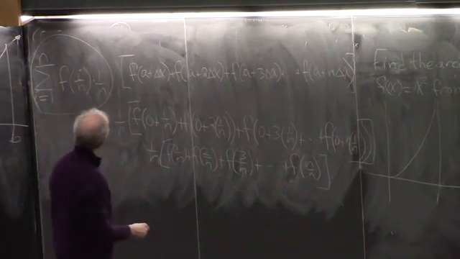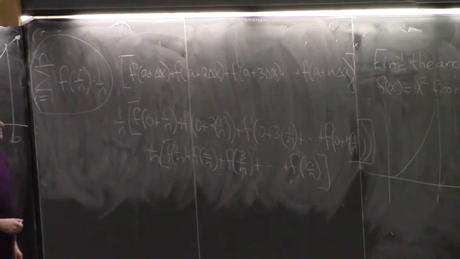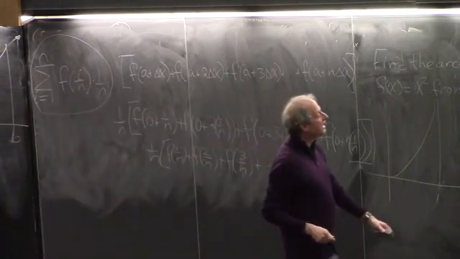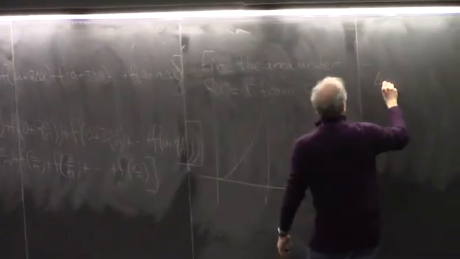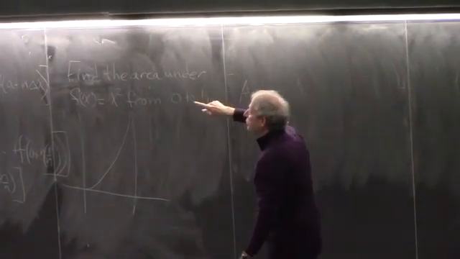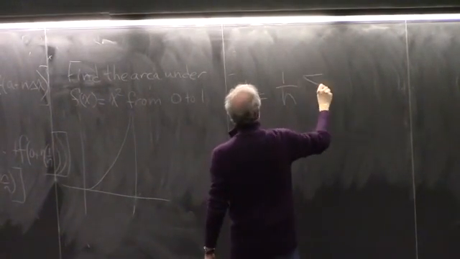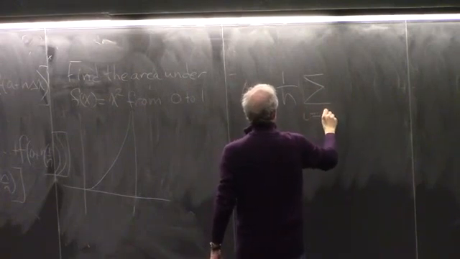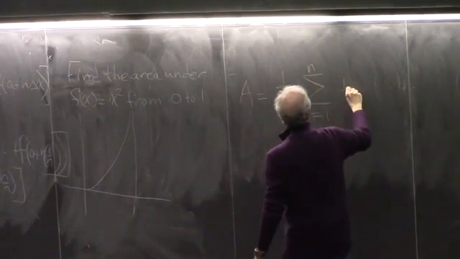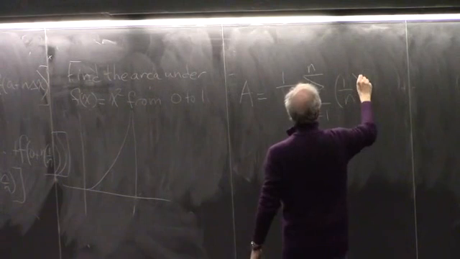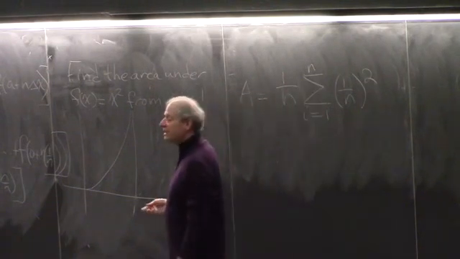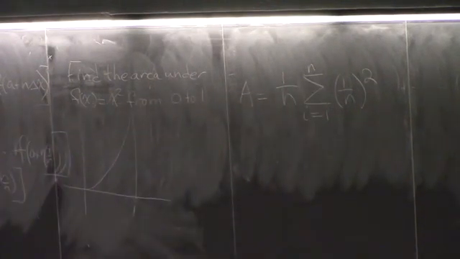Now, there's one more step, of course. What's f of x? f of x is x squared. So we would say that the area equals, I can pull the 1 over n out of that sigma. Why can I take the 1 over n out? Well, it doesn't have any i's in it.